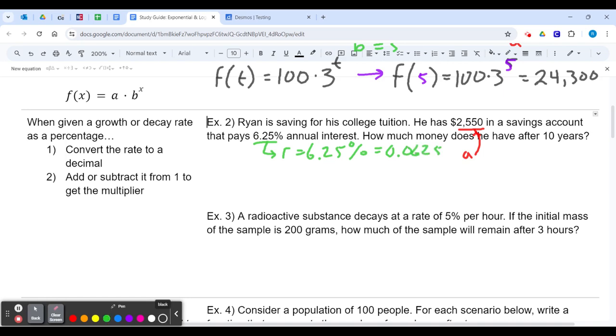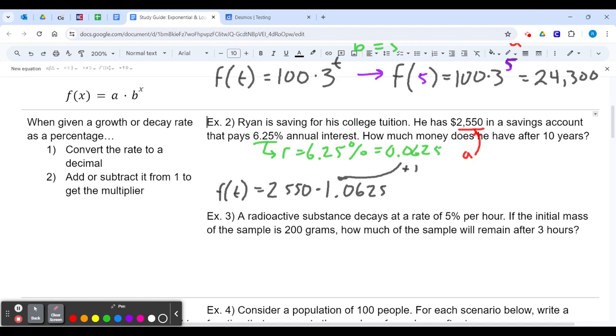And then when we throw it in our function, we are going to want to add 1 to it. Let me write my function out real quick. Our function of time equals that initial value, that 2550, times 1.0625. It's growth, so we are going to add 1 to it.